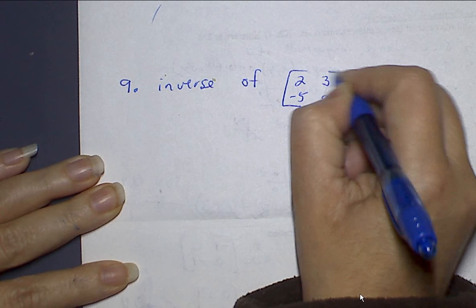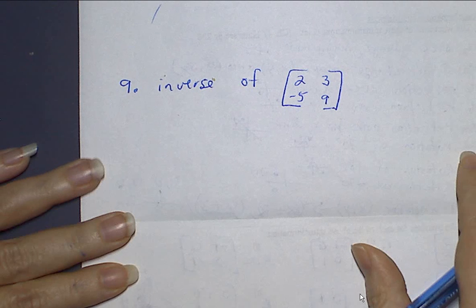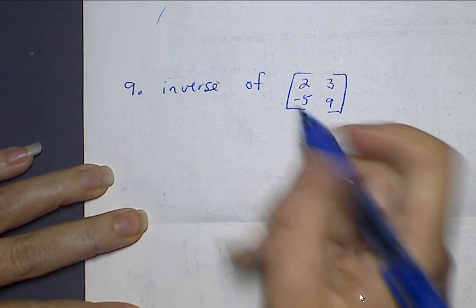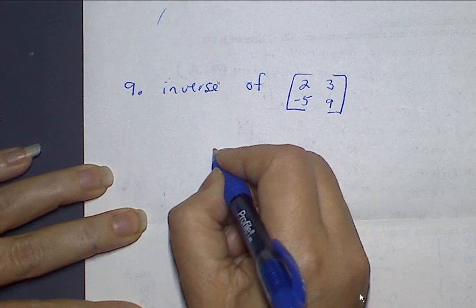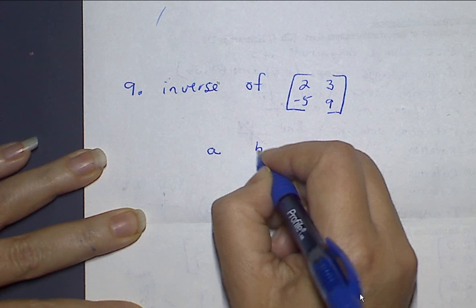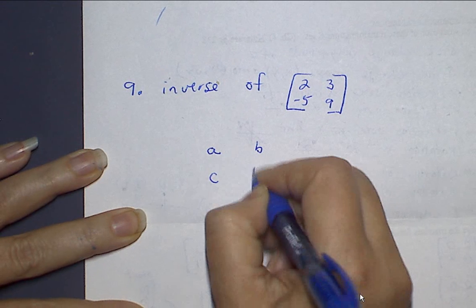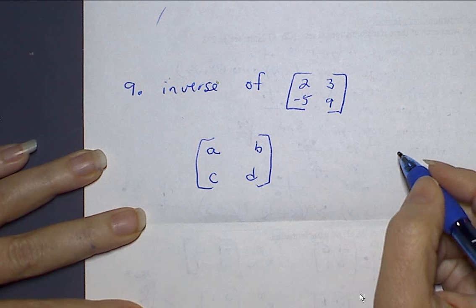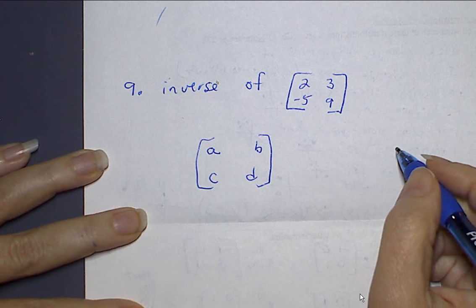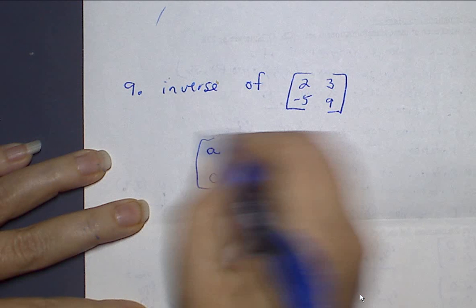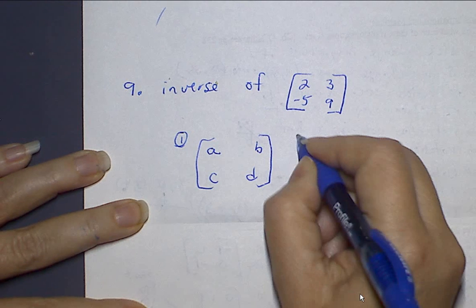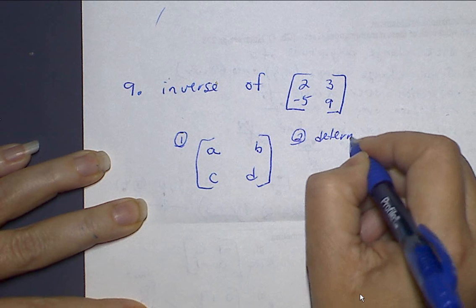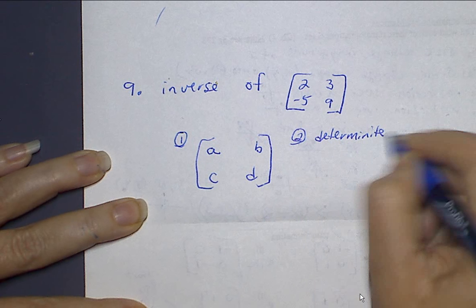Right? So the first thing we need to do is we need to have the formula for that. And remember, the formula starts with saying that the matrix is A, B, C, D. And you need to know this part of it so that you can know where the numbers are coming from. The second thing we need to know is the determinant, and later on it's going to be abbreviated DET.